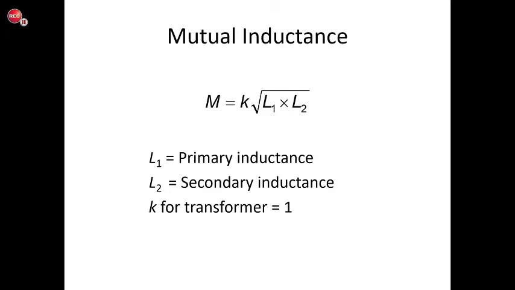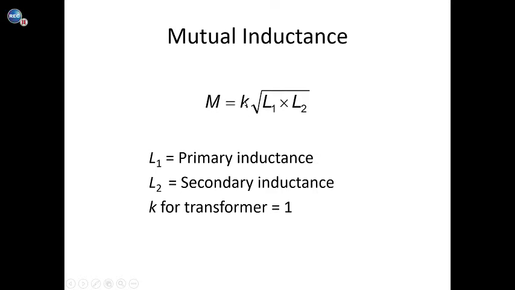Mutual inductance, we've talked about this already, but mutual inductance is the ability of one inductor to induce voltage and current in another inductor. And so the mutual inductance depends on the inductance of the two inductors. A transformer is two coils, a primary and a secondary, and each coil has its own inductance. And the coefficient of coupling is also going to affect the mutual inductance.